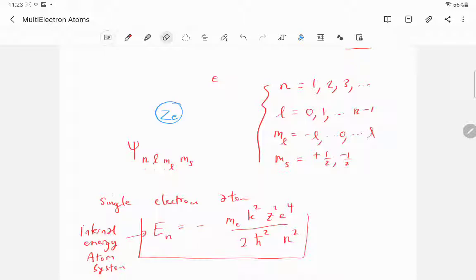So those two energies, the attraction energy as well as the kinetic energy of the electron, because we imagine the nucleus standing still, it's so massive. Those two energies combine up to be this thing I've written right here.